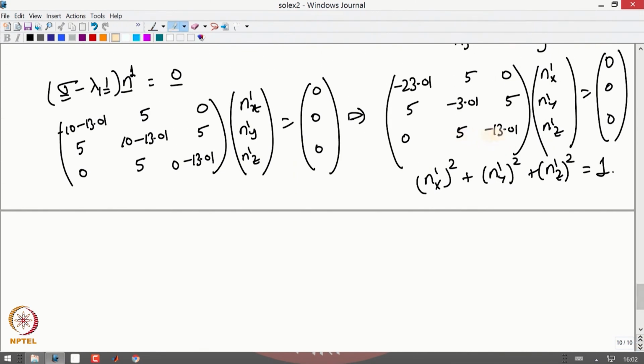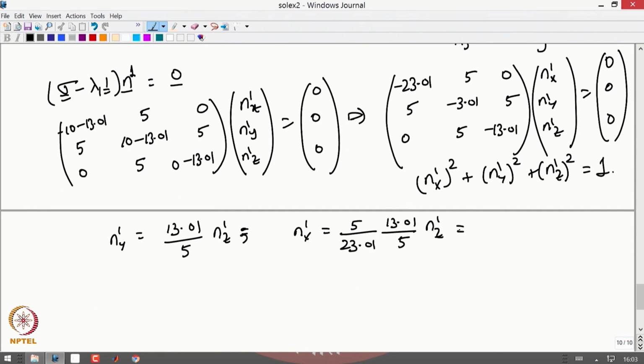From this third equation, I can write n y 1 as 13.01 by 5 n z 1, and from the first equation I can write n x 1 as 5 by 23.01 n y 1, which is 13.01 divided by 5 into n z 1, which is nothing but 13.01 divided by 23.01 into n z 1.